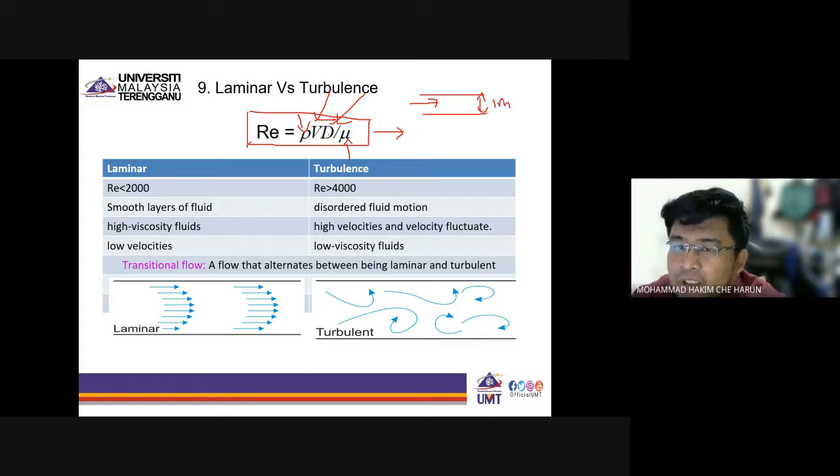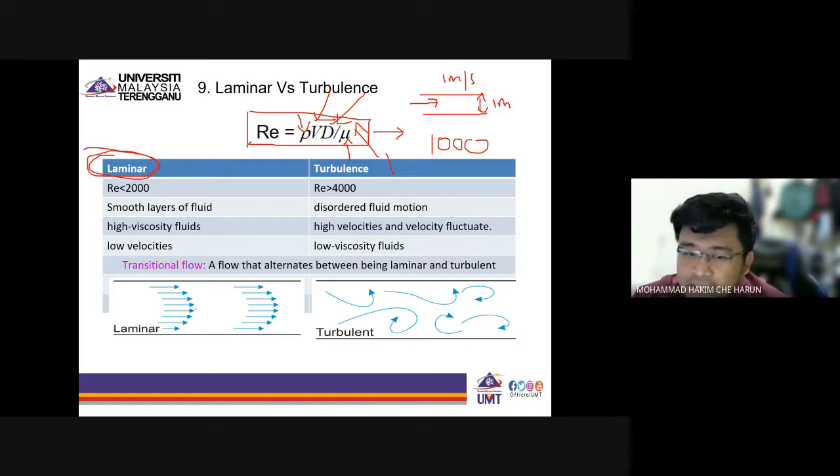So the density is 1,000, times 1 meter per second of velocity, times 1 meter. Let's say you have a viscosity of 1. So you have a Reynolds number of 1,000. 1,000 is less than 2,000. It is considered laminar, calm, slow.